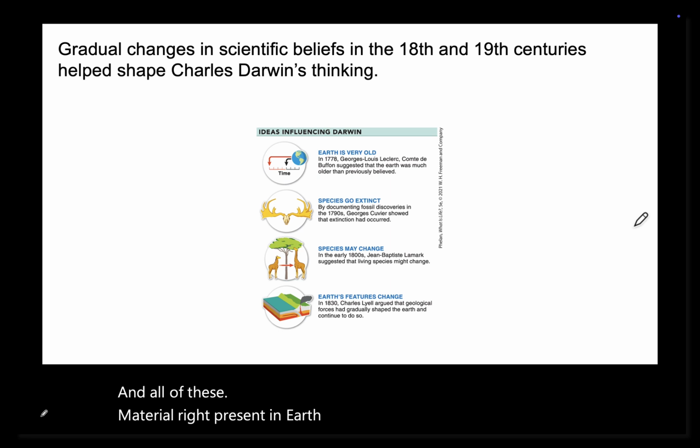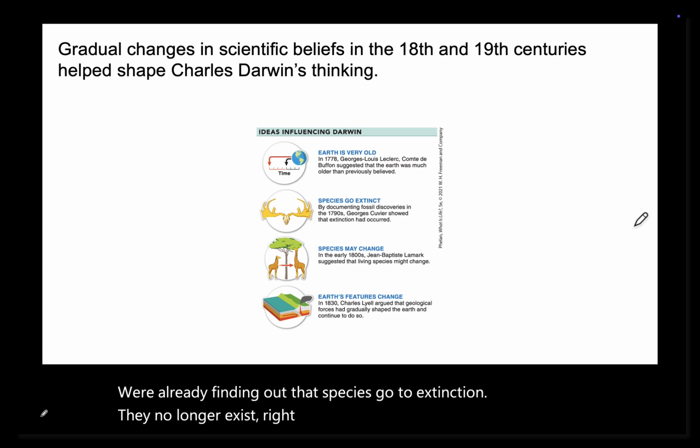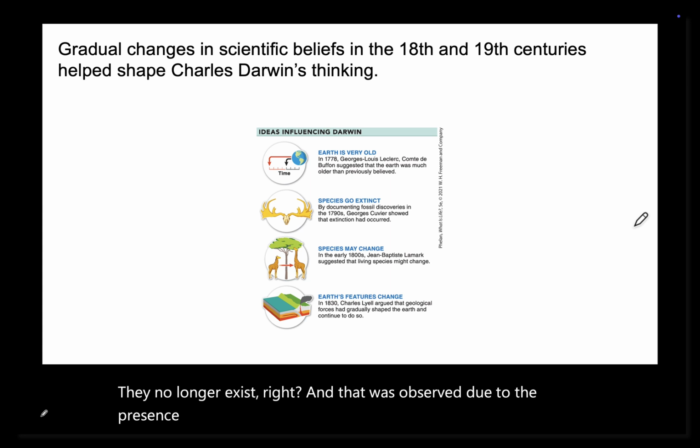Not only that, but also some other scientists were already finding out that species go extinct. They no longer exist, right? And that was observed due to the presence of fossils that were discovered by the scientists whose names you are probably reading right now.